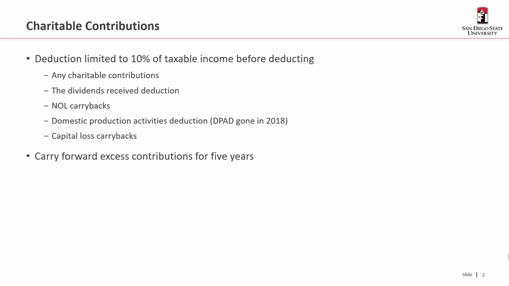It is before deducting any NOL carrybacks and capital loss carrybacks. And it used to be before deducting the DPAD, but the DPAD is now gone, so not relevant. To the extent the corporation limits its charitable contributions due to this income limitation, they can be carried forward for up to 5 years.